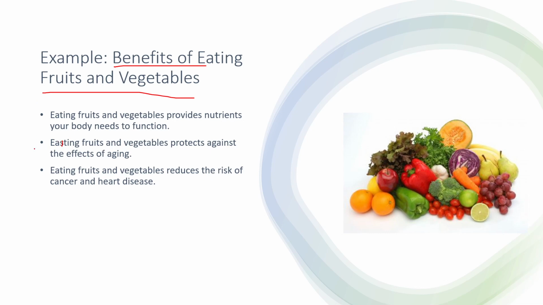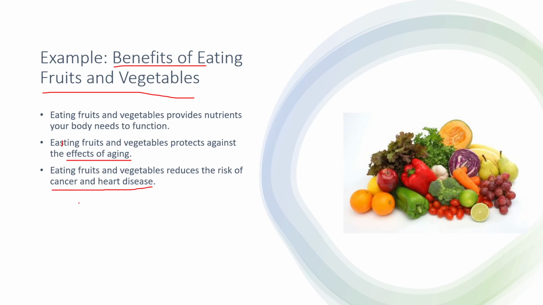Sorry, eating fruits and vegetables protects against the effects of aging, and eating fruits and vegetables reduces risk of cancer or heart disease. Okay, for example, now when you make this statement, all the ladies in the audience are paying quite a bit of attention to you. And then when you make this statement, all the men in the audience are paying attention to you. So anyways, so these are the 3 main points that should be there in a speech of benefits of eating fruits and vegetables.